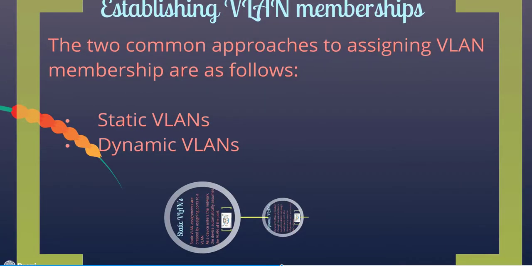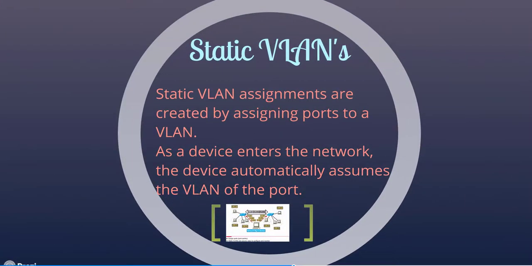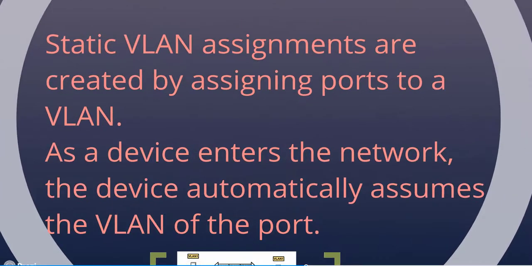So, establishing VLAN memberships. The two common approaches to assigning VLAN membership are static VLANs and dynamic VLANs. From the term itself, static, it's the administrator who tags or physically assigns the devices to a particular VLAN.